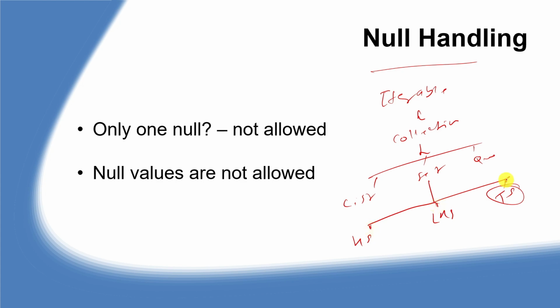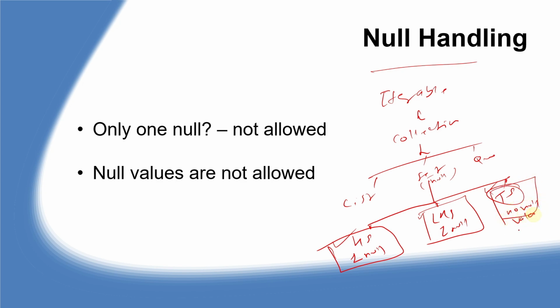Null values are allowed as part of the Set interface, but there are three implementation classes: HashSet, LinkedHashSet, and TreeSet. Only one null is allowed in HashSet and one null is allowed in LinkedHashSet, but no null values are allowed in TreeSet.